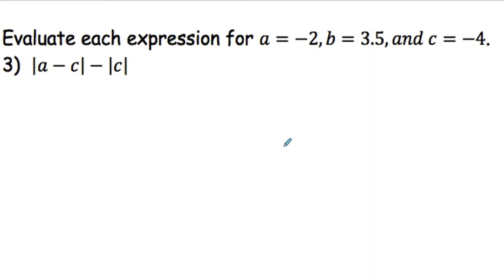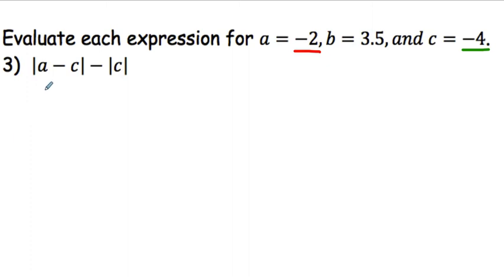All right, so let's go through this one here together. So first of all, I'm using A and C. So A is -2. I'm not even going to worry about B in this problem because it's not being used in my problem. But A is -2, and B is 3.5, but we don't care about that. C is -4.